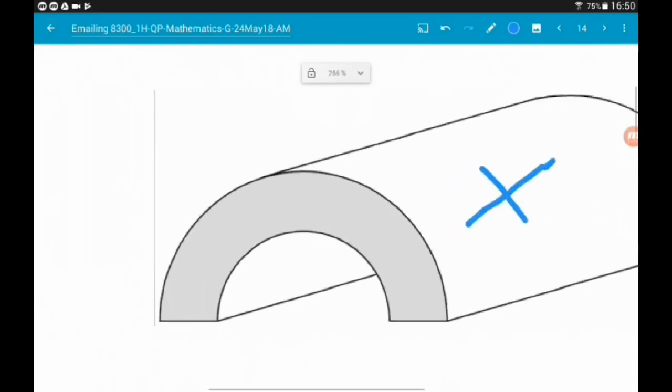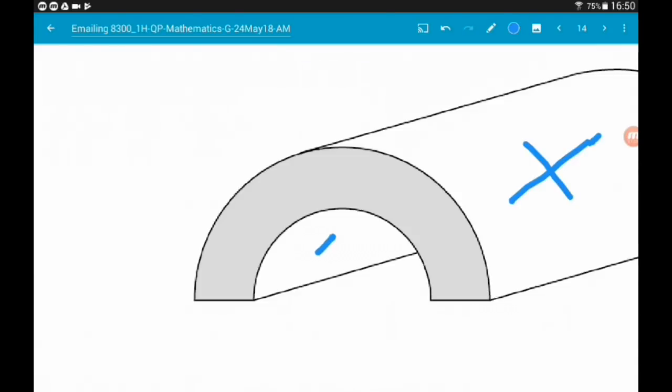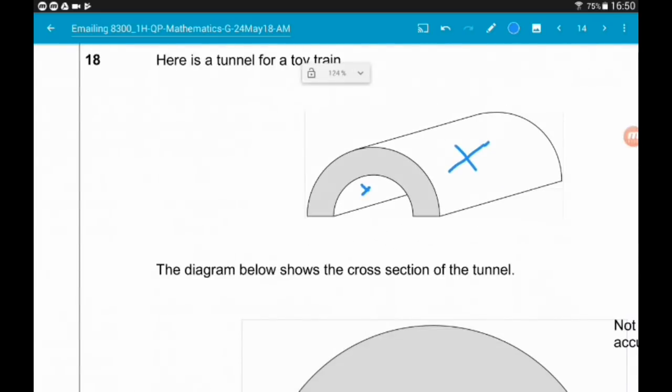There's also a face on the inside, which is like the roof of the tunnel, and the other 2 faces we can't see, but they're probably the easiest ones of the lot. They're like the feet of the tunnel. Now, the feet are going to be rectangles.